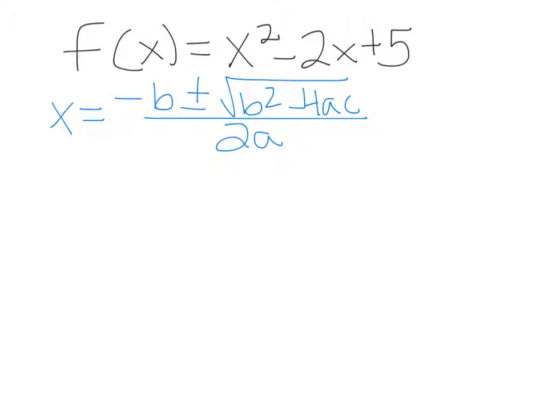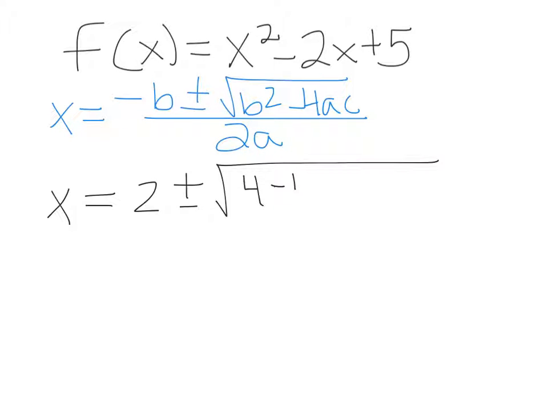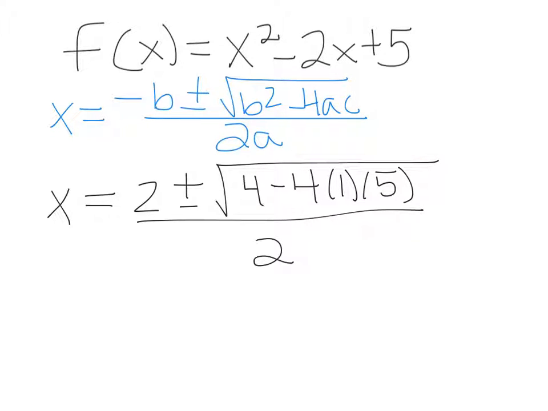So when you plug it in, you're going to get that x equals the opposite of negative 2, which is 2, plus or minus the square root of b squared, so 4 minus 4 times 1 times 5, all over 2.